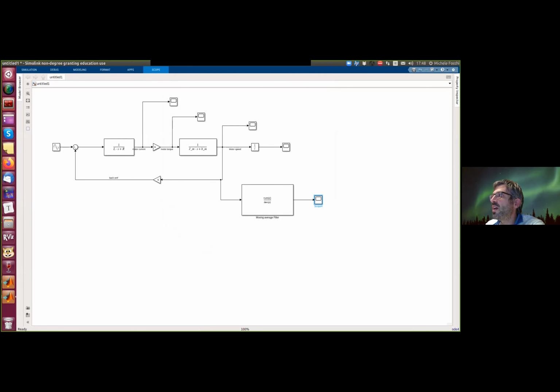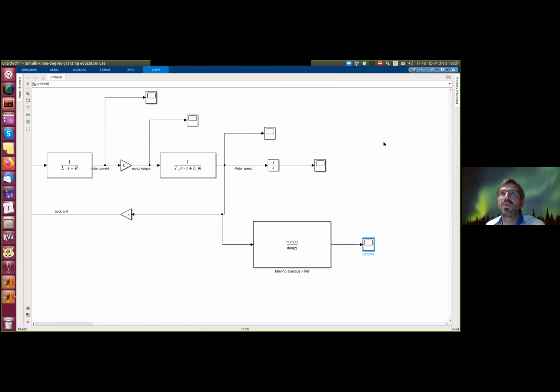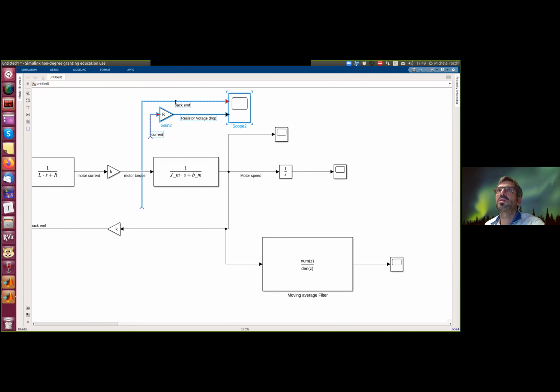Finally, we want to measure the one question in the assignment, which was to check what the drop was on the back EMF and on the resistor. So I just copy it from my solution. The back EMF is this one, and the voltage drop is current times resistance on the resistor.